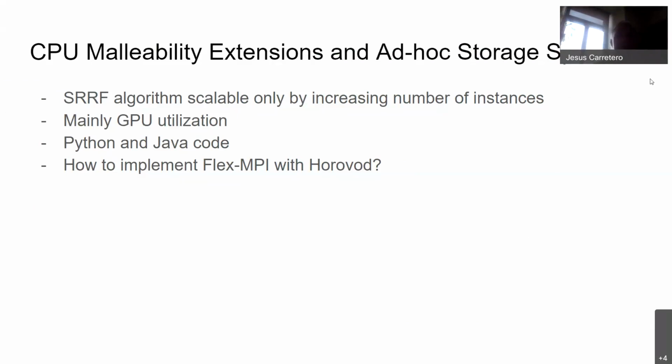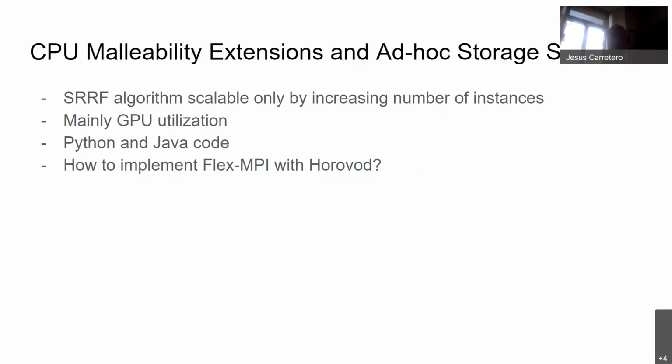I have one comment and one question. When we talk about malleability, think not only about malleability in CPU. In our project, we also talk about storage malleability. So this point for the ad hoc storage system is also well addressed, and also in the previous presentation.